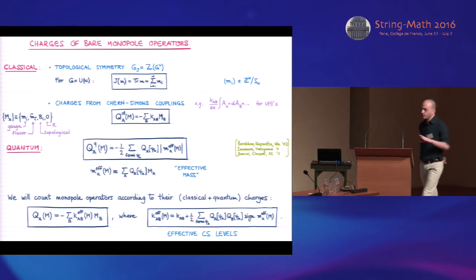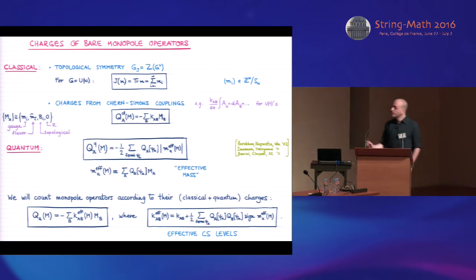Due to the spectral asymmetry of the Dirac operator in the monopole background, there are actually quantum corrections to the charges, which are given by this formula. Essentially, we have a sum over all fermions in the theories, the charge of the fermions times the absolute value of this linear combination, which I call, for physical reasons, the effective mass.